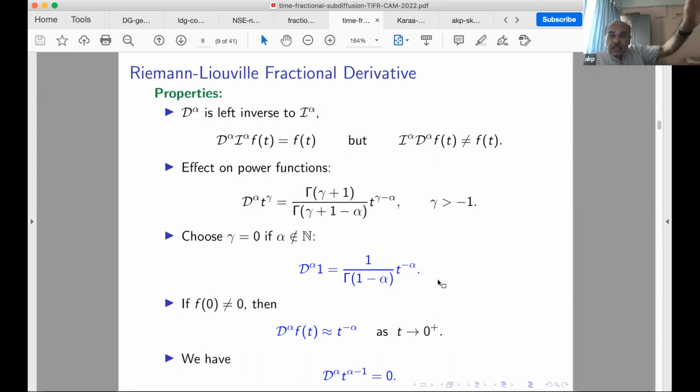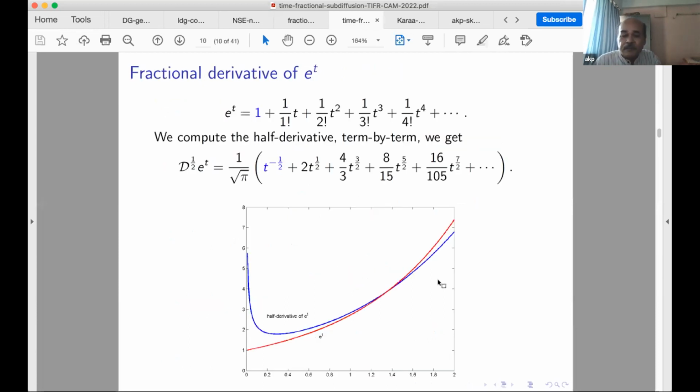So it is the major difference between the heat equation, you will see later on, with the standard derivative and this, because there is a singularity of t to the power minus alpha in the fractional derivative you take. And this is the problem in dealing with fractional order derivatives. But surprisingly, if you take D alpha acting on t to the power alpha minus 1, it becomes 0.